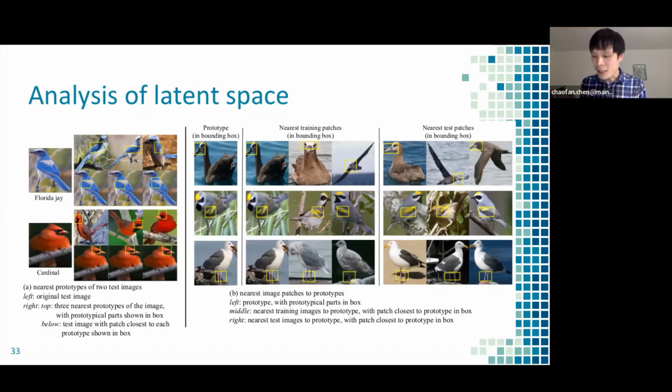And the nearest patches to the third prototype, either from the training set or the test set, are indeed the feet of some gulls. Okay, so it is generally true that the nearest patches of a prototype all bear the same semantic concept, and they mostly come from those images in the same class as the prototype. So we can call this a success.